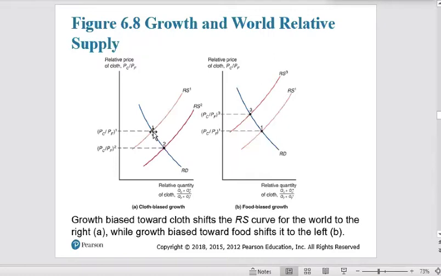So being a clothes exporter, when the clothes price in relative terms is lower, it's bad for you. You are making less money because you're exporting clothes and receiving less money from the sales to the rest of the world. So it's actually bad for you. Okay.